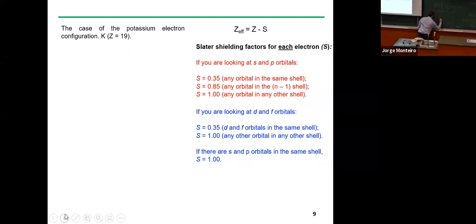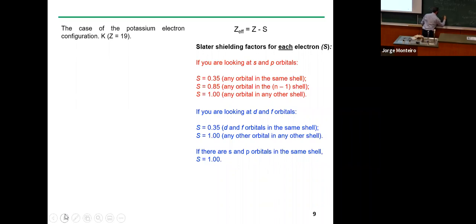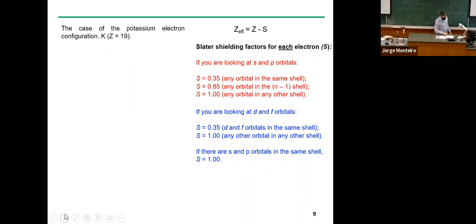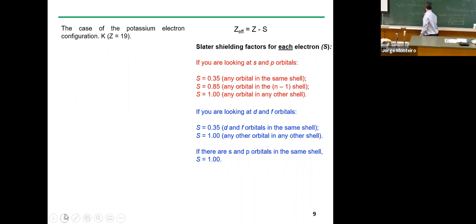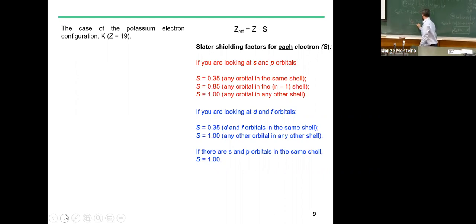Therefore, the Z effective for the 4s orbital, according to my numbers, is 2.2. All right.